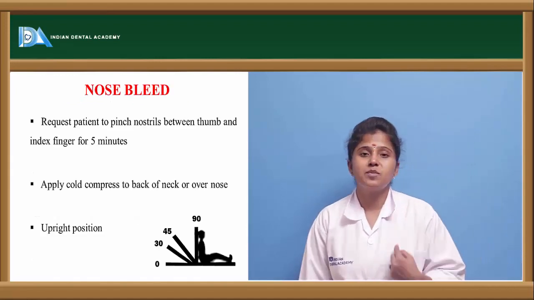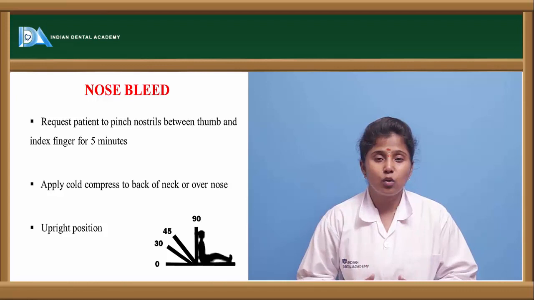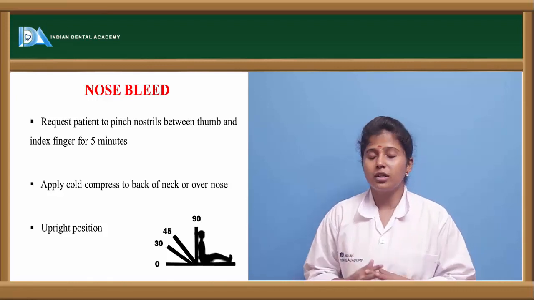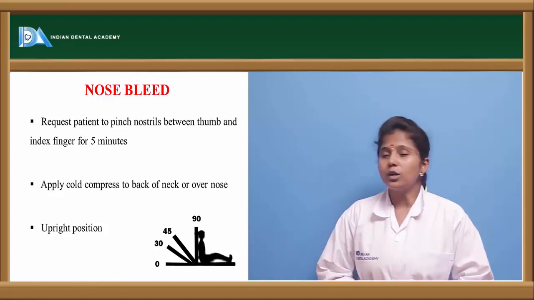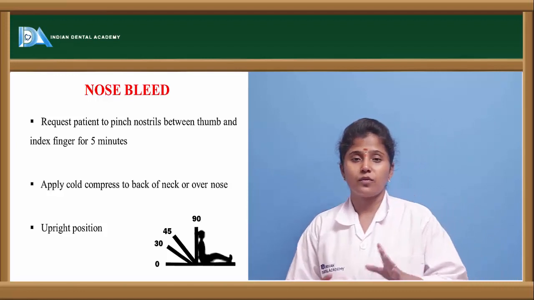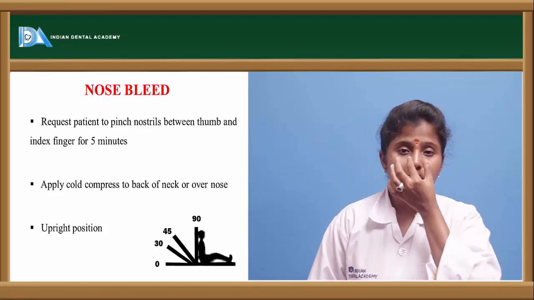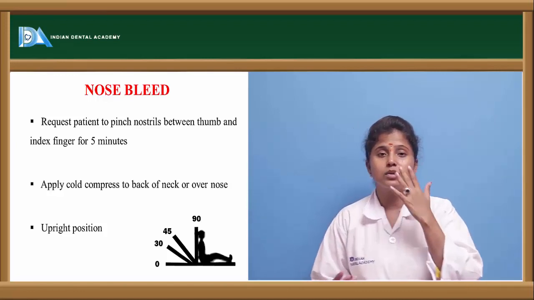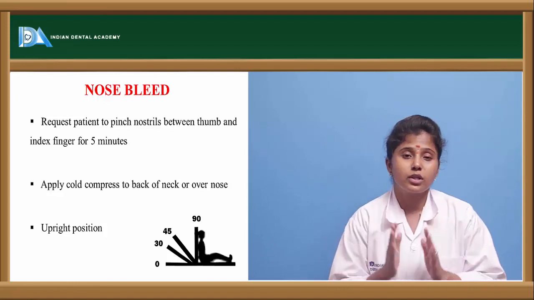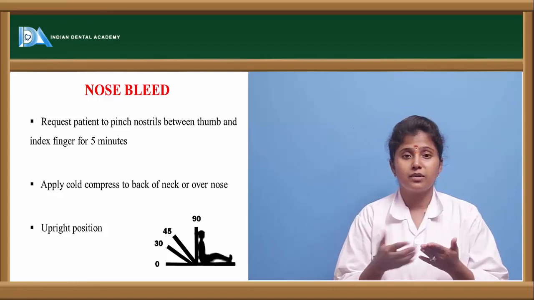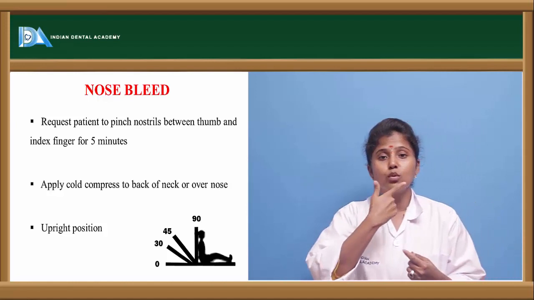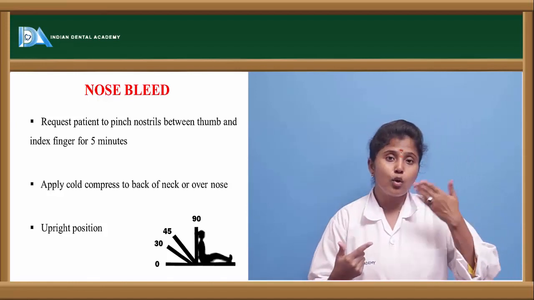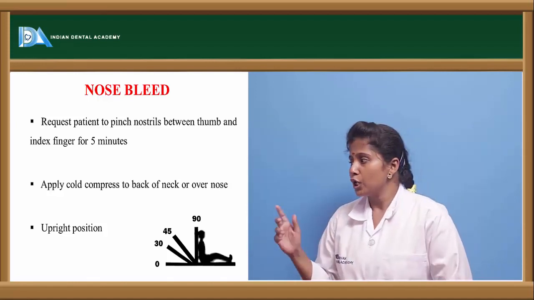And the other one is nose bleeding. If there is any nose bleeding to the patient, what treatment do we have to give? We need to tell the patient to close or pinch his nostrils for some period, in order to stop the bleeding from the blood vessel. We need to block the nose against the flow of blood, and thereby the blood is stopped.